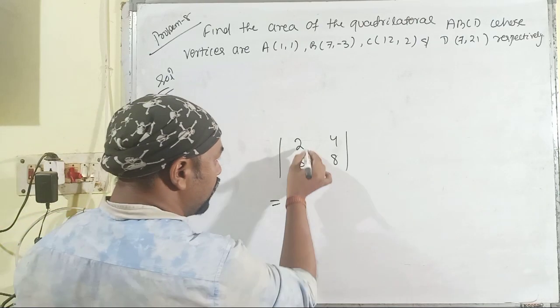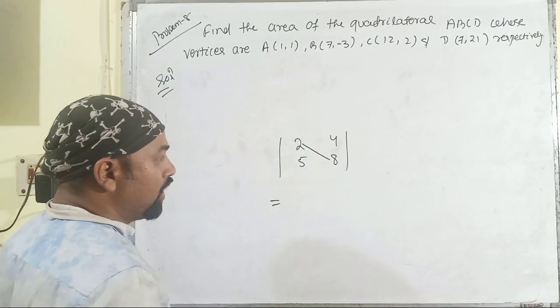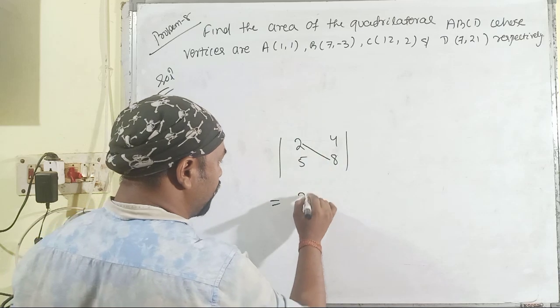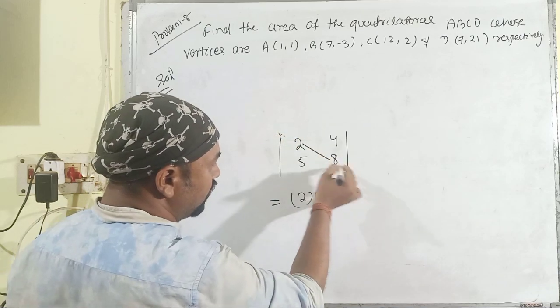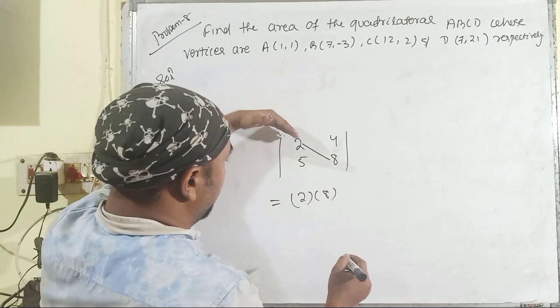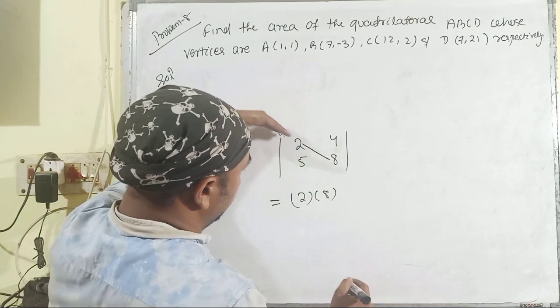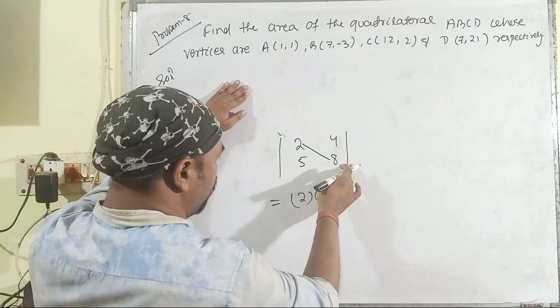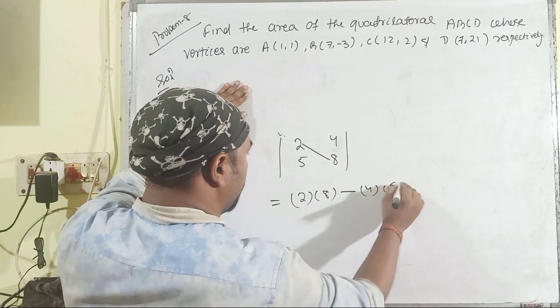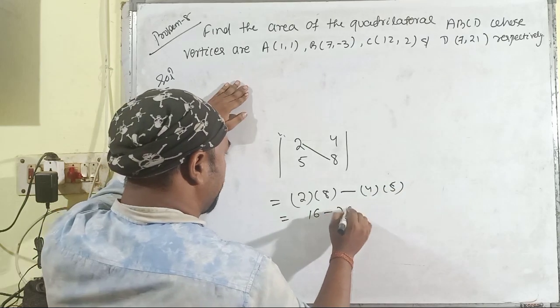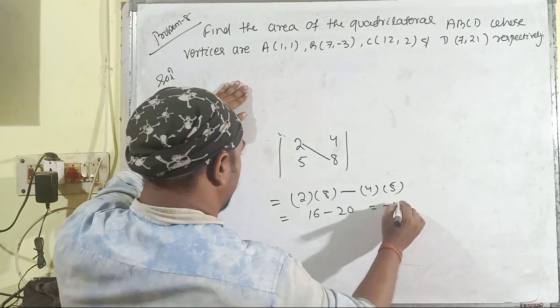Then it will be the multiplication of the main diagonal elements, that means 2 with 8, from the top-left towards the bottom-right position, minus 4 multiplied with 5. Then it is 16 minus 20, then it is -4.